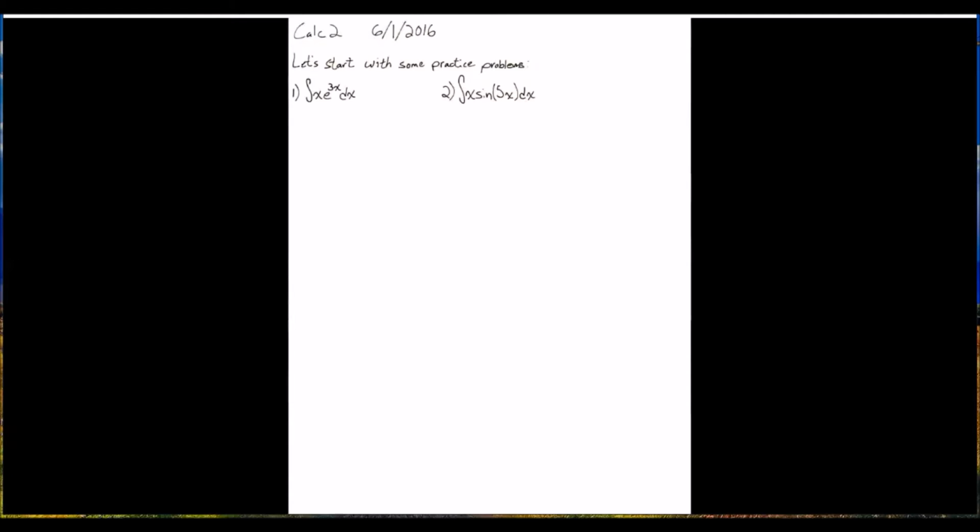And you guys remember from Calc 1 that we've got f of x g prime plus our g of x f prime, right? So now, here's a handy little trick.